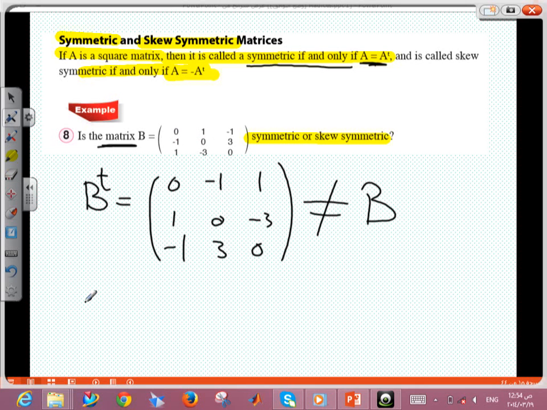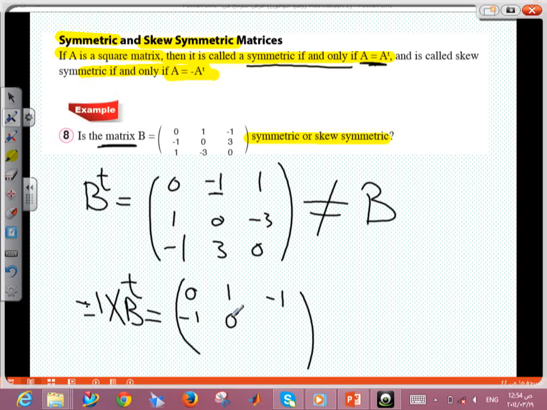I will multiply P transpose by negative 1. Negative 1 times 0 is 0, negative 1 times negative 1 is 1, negative 1, negative 1, 0, 3, 1, 3, 0.